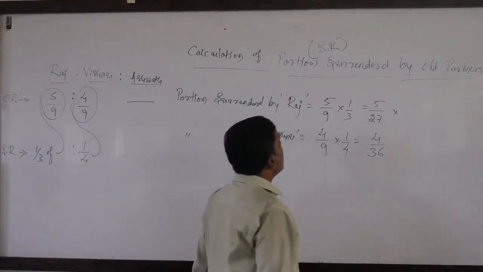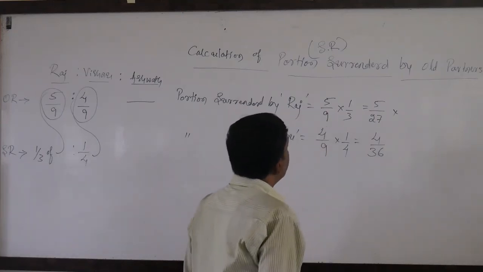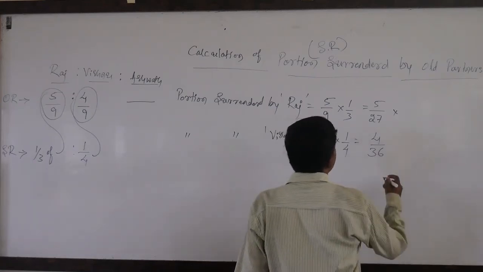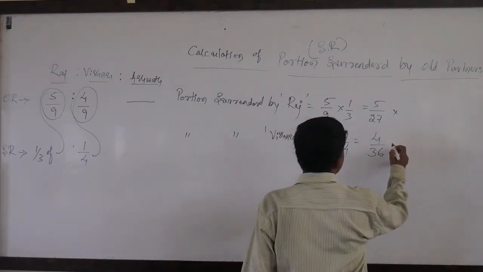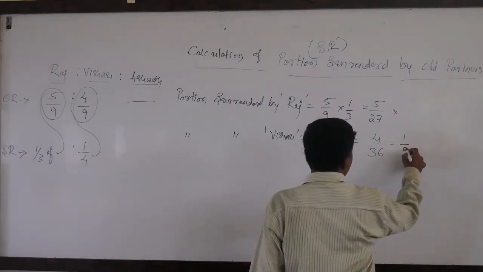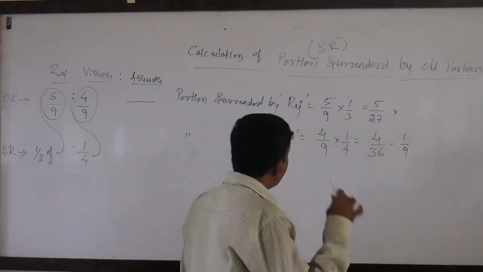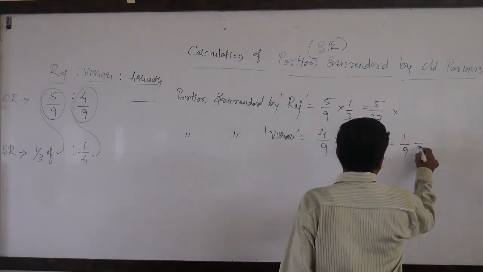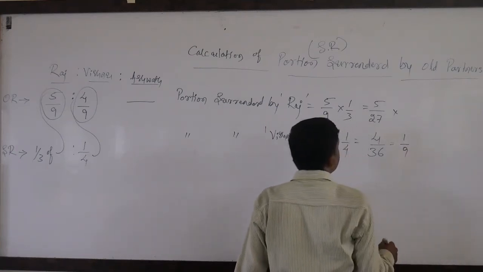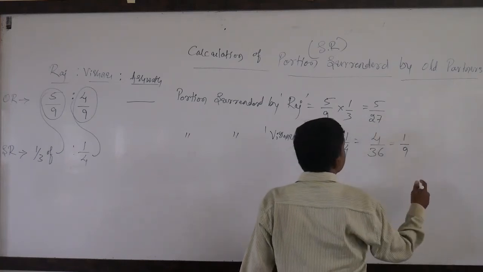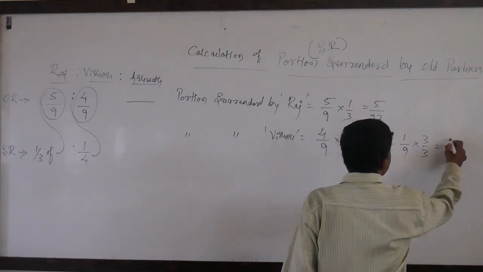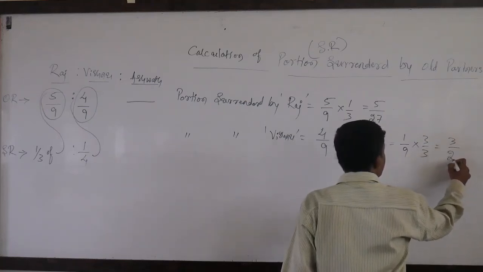Okay, dear students. Here now we need to change the conversion of fraction into ratio. To get the ratios, we need to simplify this. 4 ones are 4, 4 nines are 36, so now it is 1/9. Into 3/3, we will get 3 ones are 3, 3 nines are 27.